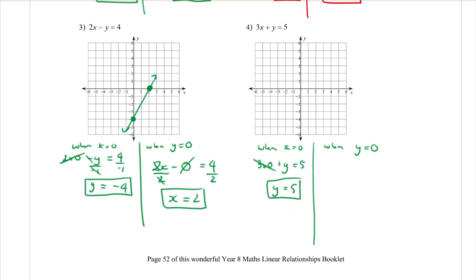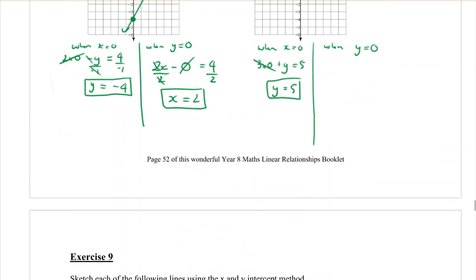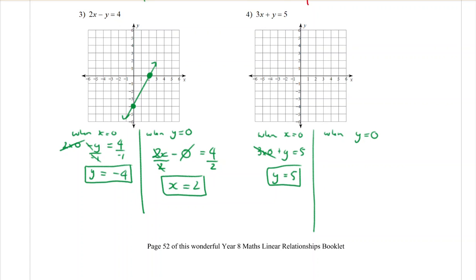If you have found your x value, you could plot it on your graph and draw the line up. So you should have 3x plus 0 equals 5.